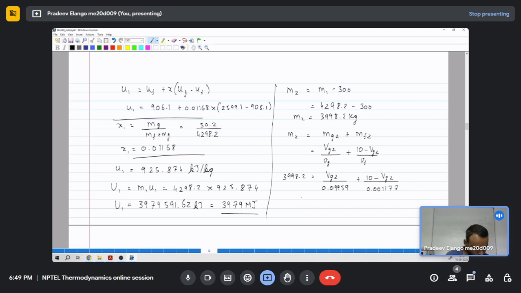Okay, we can try to solve here. Now 1 by 0.09959 is 10.041 Vg2 plus 849.62 into 10 minus Vg2 is equal to 3998.2.